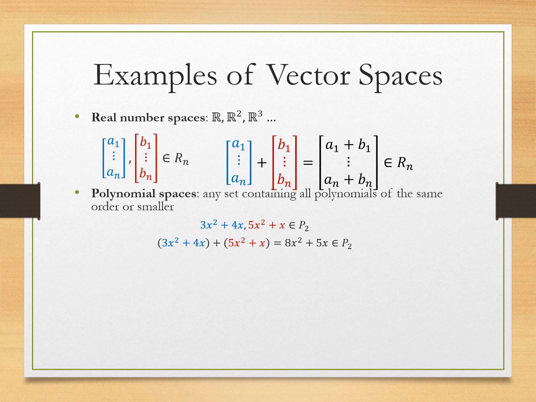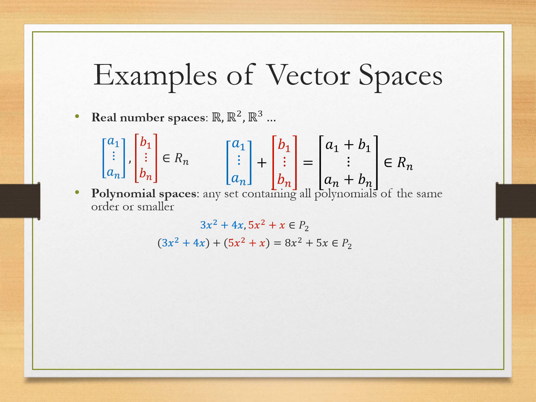Why does it have to be of the same order or smaller? Can you remove the "all"? Well, the problem is, let's say you have 3x squared plus 4x and then negative 3x squared plus x. Then when you add them up, 3x squared would cancel out with the negative 3x squared, resulting in a polynomial of a lower order. So the set of polynomials of the exact same order is not a vector space, because during addition and subtraction, you may very well lower the order of the polynomial.